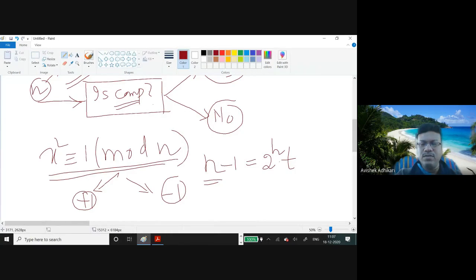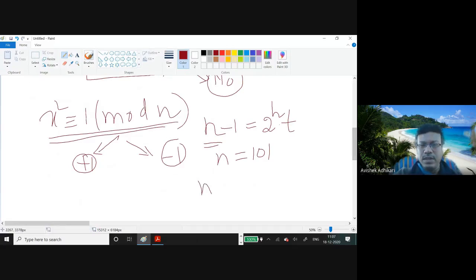Suppose I give you n to be 101. This is an odd number. Now I consider n minus 1, which is 100. Now take the maximum power of 2 from it. That means 2 squared you can take out, and then what remains is 25.